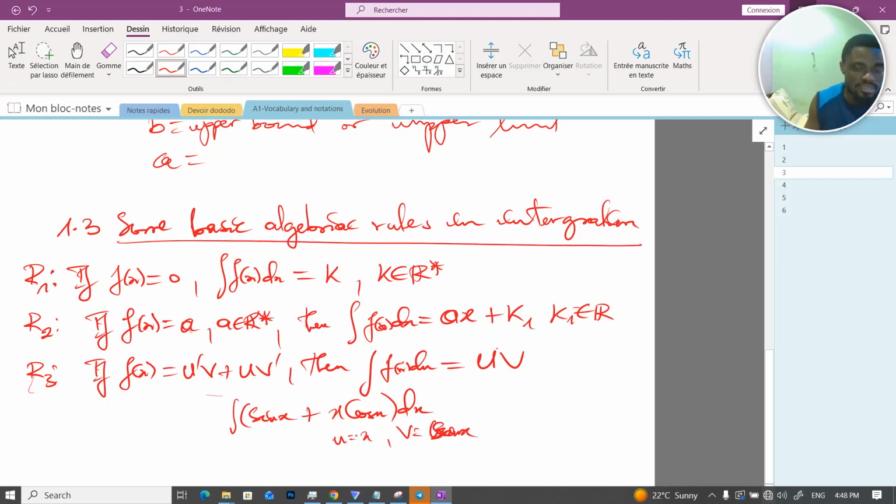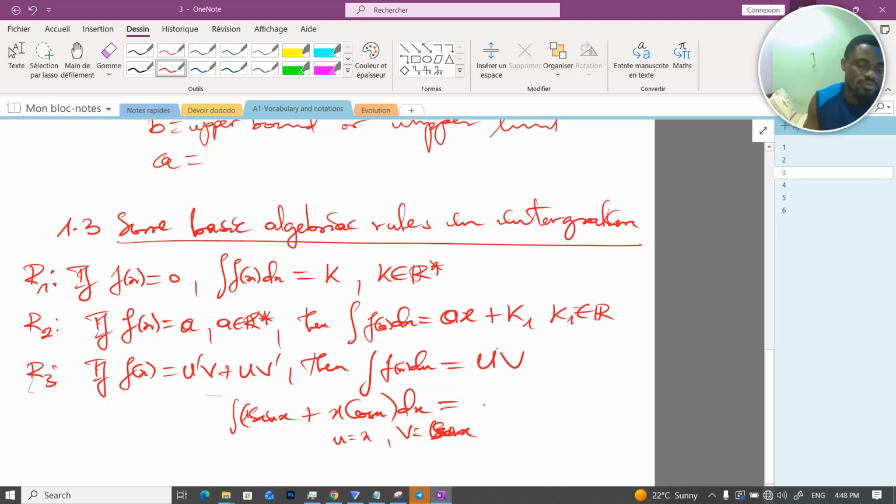You see that this u prime is this one, and this v is sine x. So here, x was being differentiated, and sine x was being differentiated here.